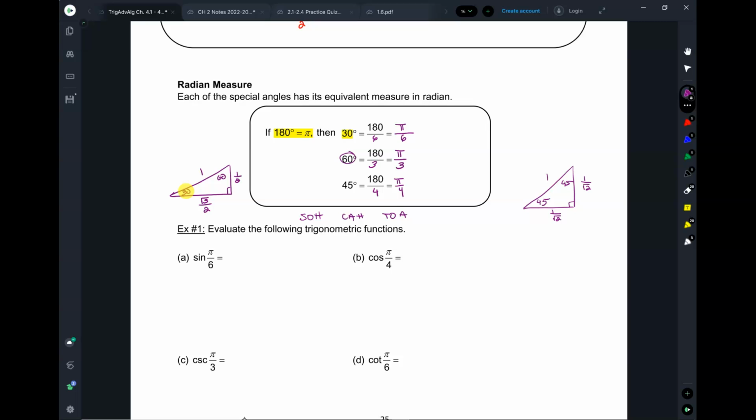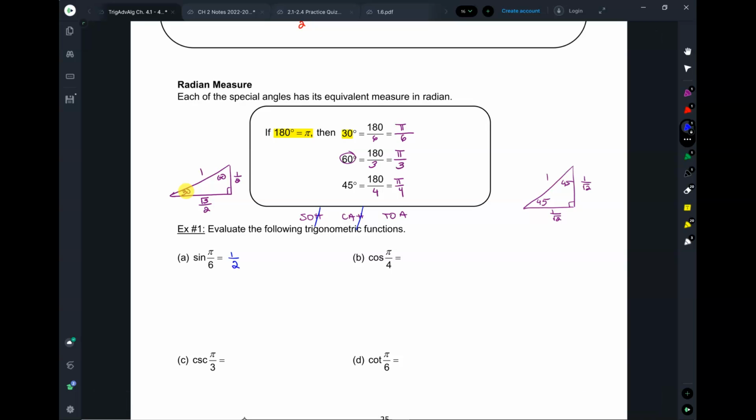You don't even have to. So we can just drop the h's in all of them. Now sine will just be opposite instead of opposite over hypotenuse. It reduces a whole step. So sine is just the opposite. The opposite of 30 is 1/2. So I just say this is 1/2.